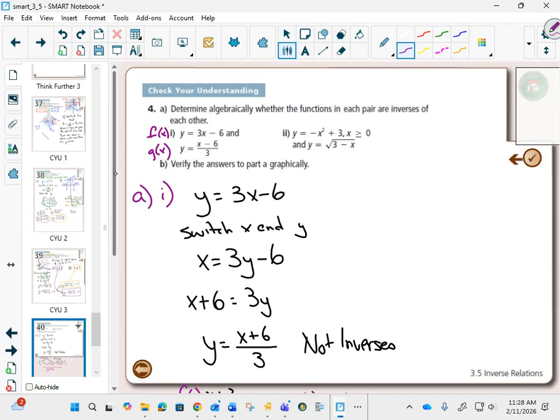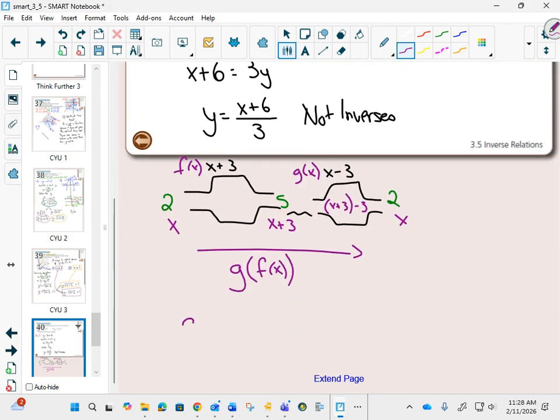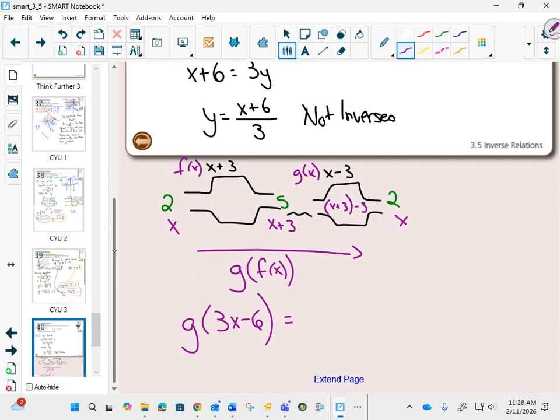So first of all, I'm going to plug x into f of x. And I have to plug 3x minus 6 into the second one. The second one's equation was x minus 6 divided by 3.